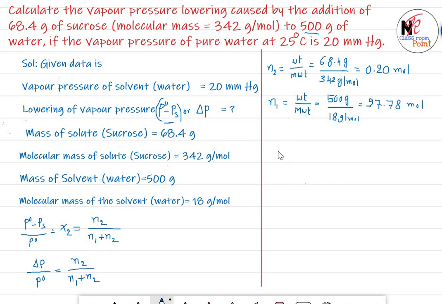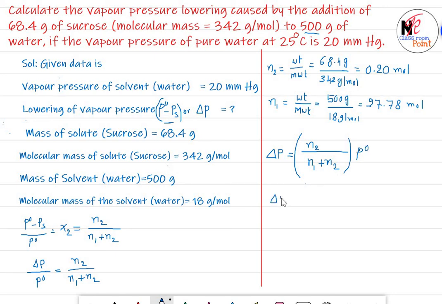So the formula now becomes delta P equals, because we'll send the P0 to this side and substitute all these, the number of moles of the solute, which is 0.20, divided by N1 plus N2, into P0.